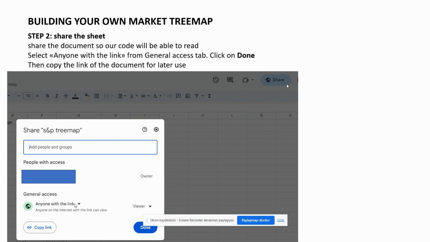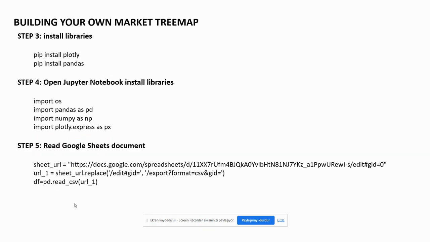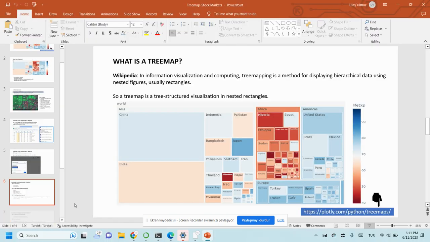The first two steps are just selecting the tickers you would like to show, the Google Finance formulas with the sectors, and then making a shareable link to copy and use later. And after all these, we will go through the steps of our coding here in Jupyter Notebook to create a tree map.